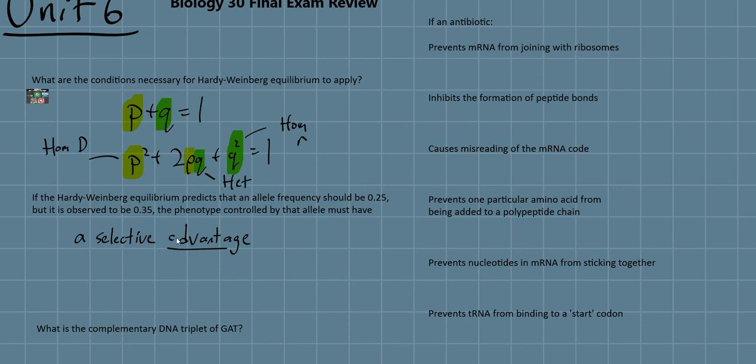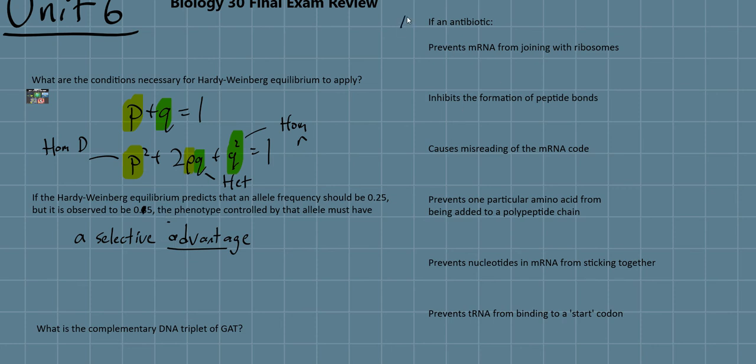And since it's happening more in nature, we're seeing it surviving more, higher than we expect it to be. We expect it to be 25%, but it's 35%. Then it must be somehow advantageous. If this number was 15% instead of 25%, then that would be a disadvantage because it's showing up less than we would expect.